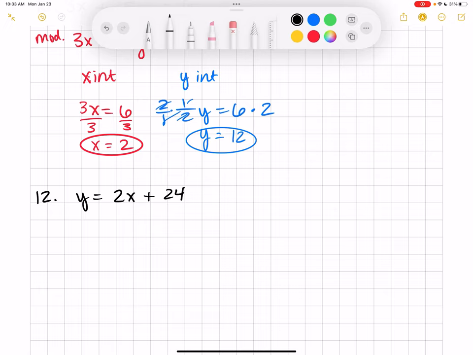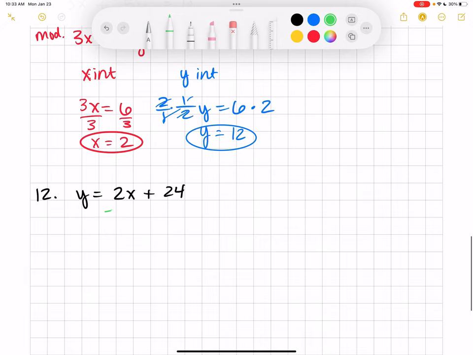So how do I move the 2x from this side to this side? Subtract 2x on both sides. Yep. So I'll have negative 2x plus y is equal to 24.